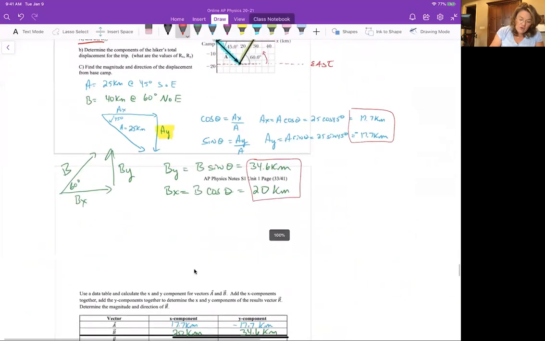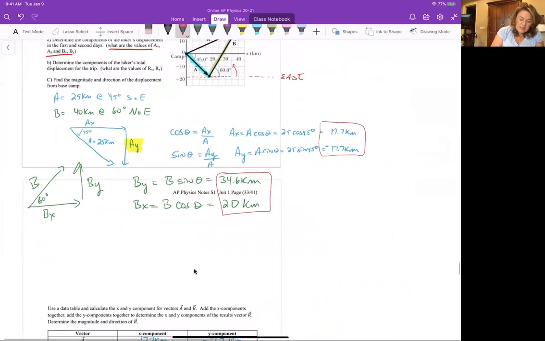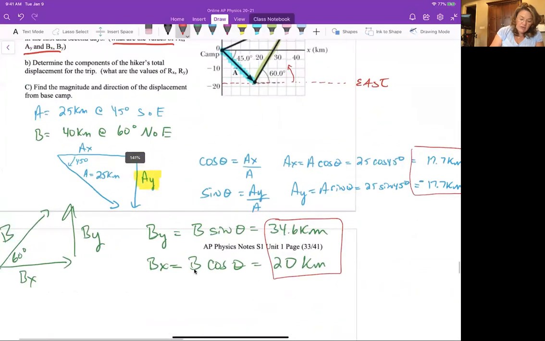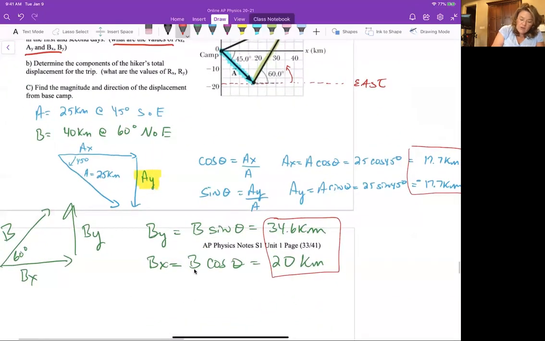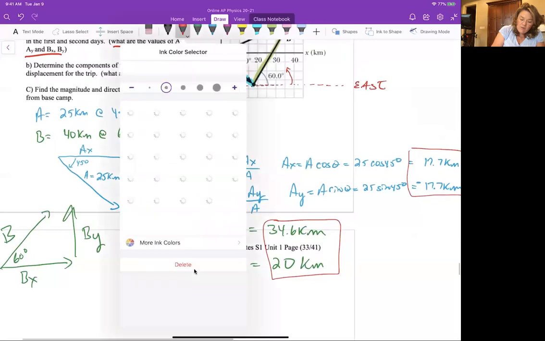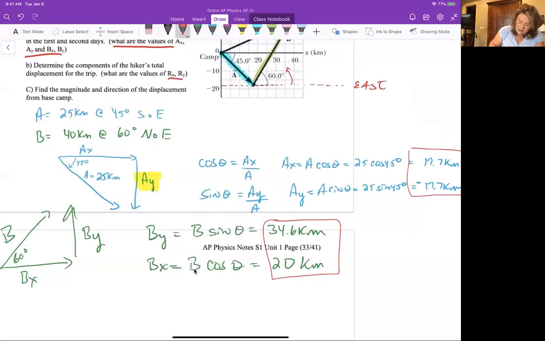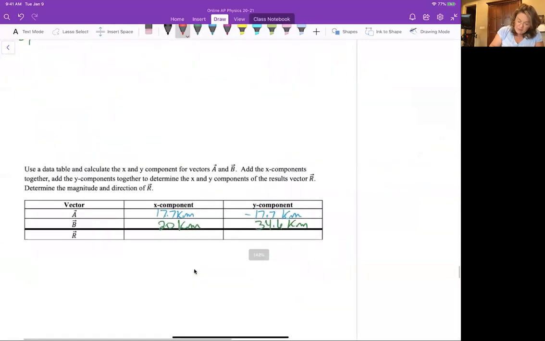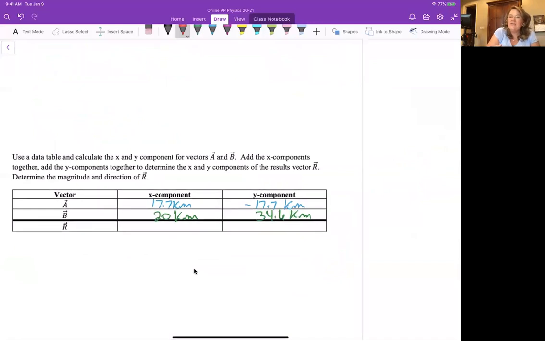All right, determine B, the components of the hiker's total displacement. So we want to know the components of that R vector that we're trying to find, okay? Well, how do I do that? Now I can actually add these values, add up all the X's, add up all the Y's, okay? And now I don't have to show it on a graph, I can actually just add them.